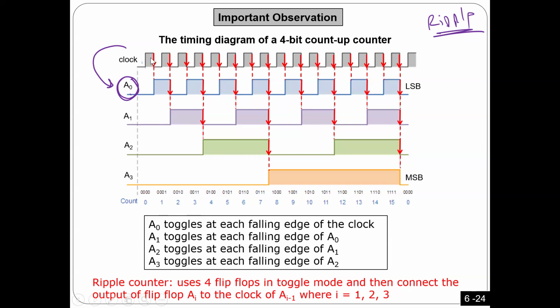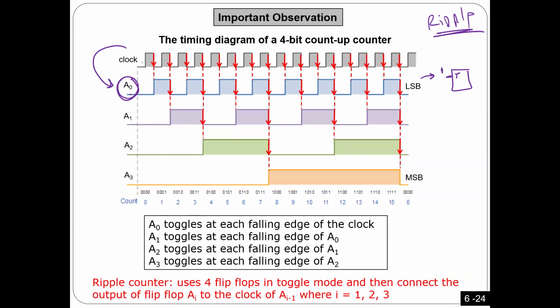Guys, every edge, what happens here? You toggle. So this one is toggling all the time. The way I have to wire this one is, I'm going to put 1 all the time because every clock it has to toggle.